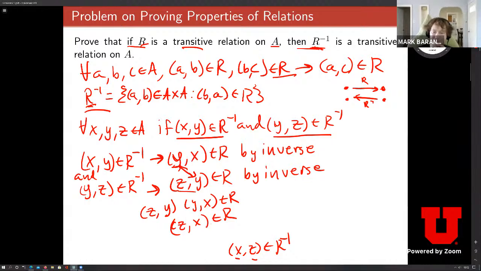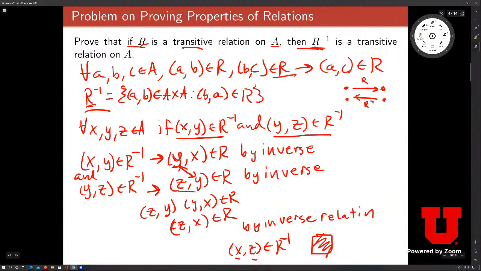So by the inverse relation, we conclude that xz is in R inverse. And that demonstrates that R inverse is transitive.